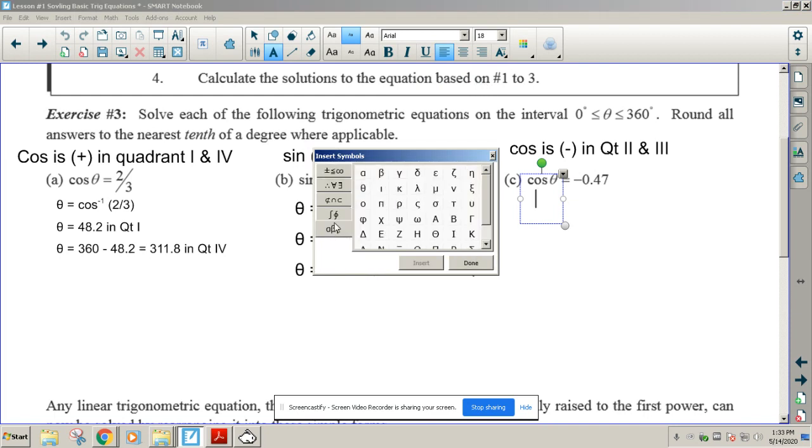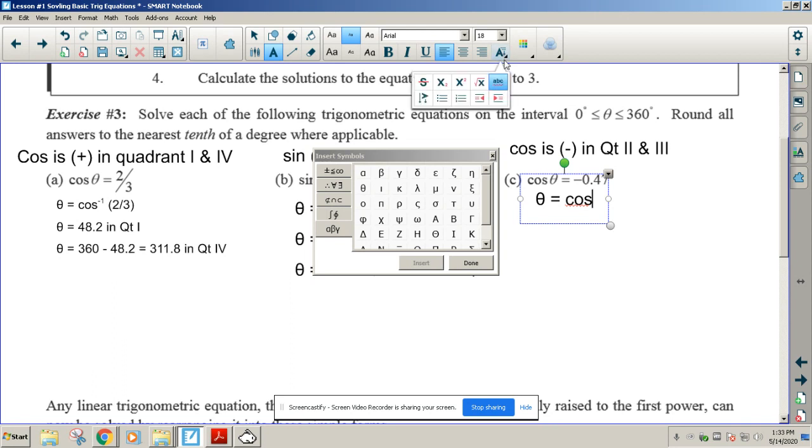So theta is equal to the arc cosine of 0.47. Again, I don't put in the negative because the negative was the location that I already took care of.